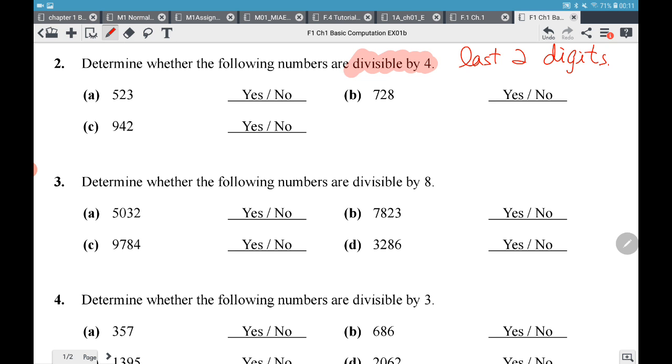So maybe we can take a look at part A. For the last 2 digits, it is 23, and 23 is not a multiple of 4. If it is 24, it is divisible by 4. So 23 is not divisible by 4. So we can circle no here. That means it is not divisible by 4.